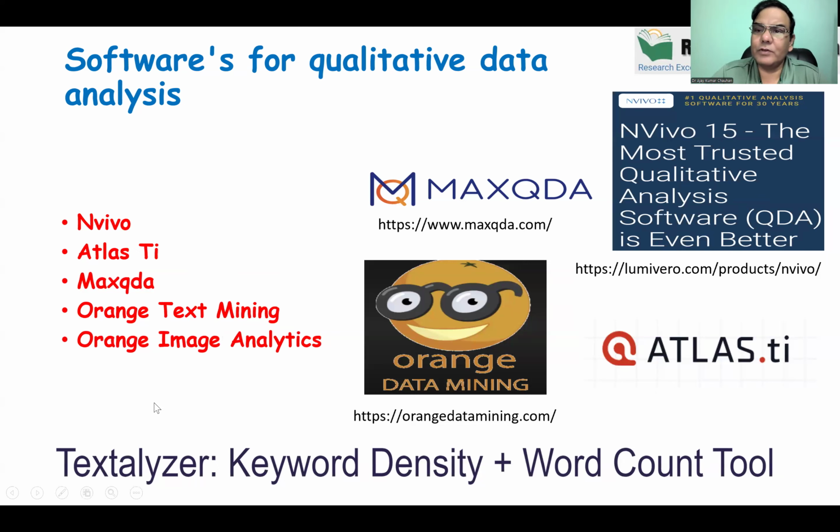So there are five softwares which are very helpful and very easy to learn for qualitative data analysis. So I mention the software. The first is NVivo 15 software. The 15th is the version. NVivo I found the most effective software for conducting the qualitative research.